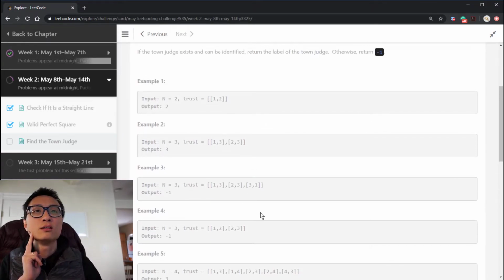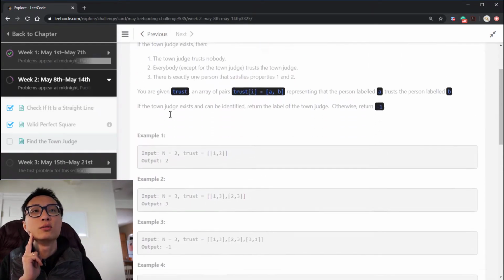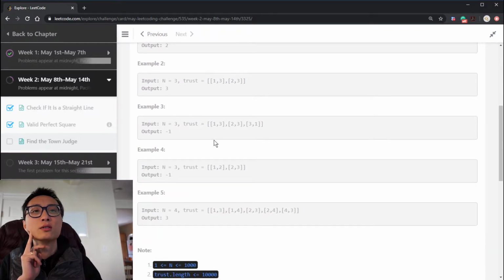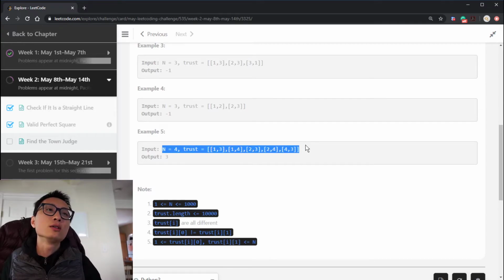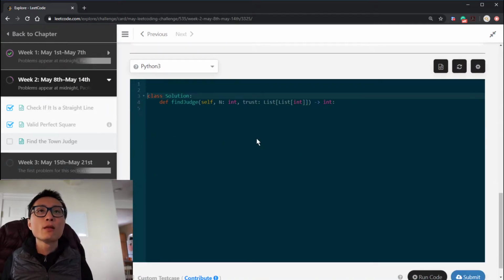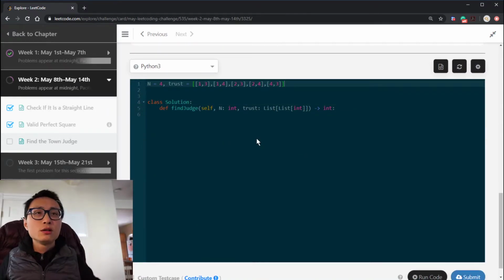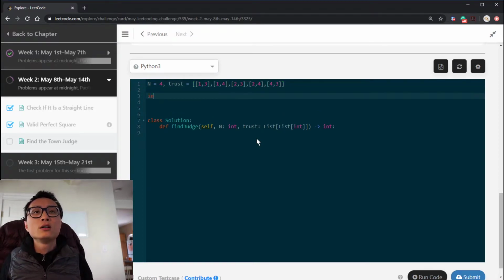I don't think it's necessary to go through examples for a question this simple, but just for the sake of verifying what's going on, let's take a look at one. Here, what we're going to calculate is the incoming edges.